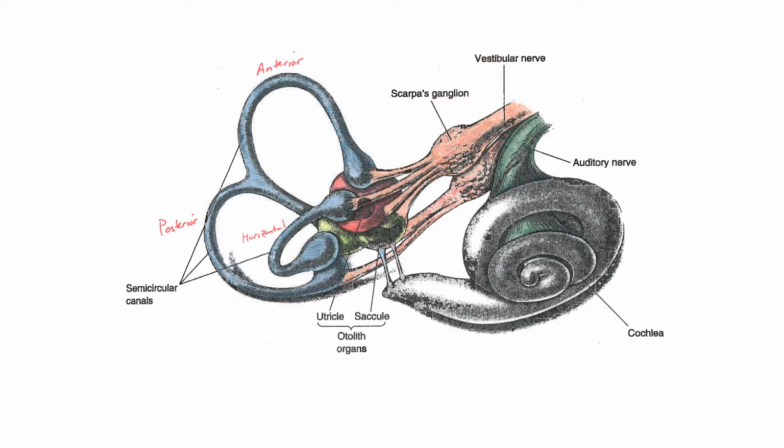The entire vestibular system is filled with endolymph, and you may remember that the scala media of the cochlea is also filled with endolymph. Notice that the cochlea and the vestibular apparatus are connected to each other.